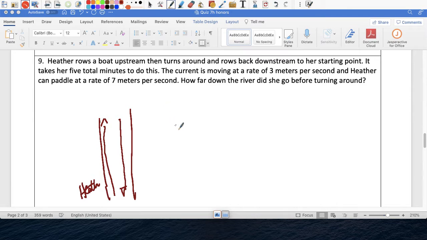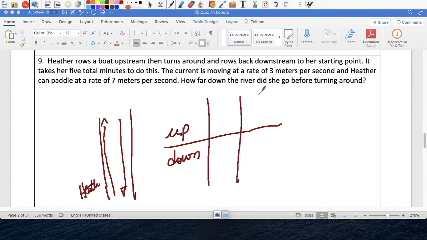So let's call this up and down, and T. Going upstream, she's going against the current. By herself she can paddle at 7 meters per second, but going against the current, it'll be 7 minus 3.